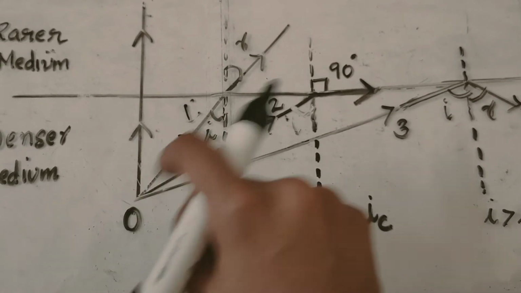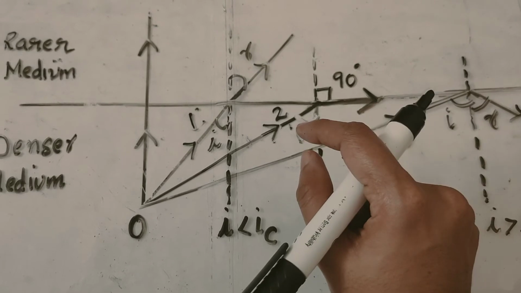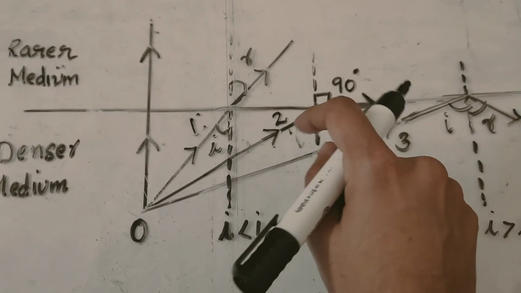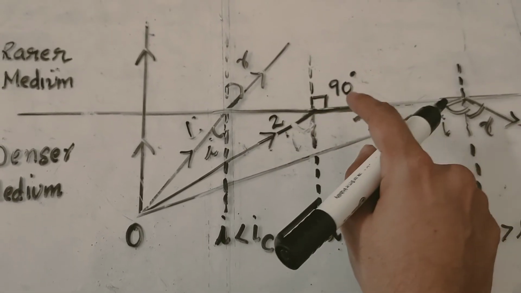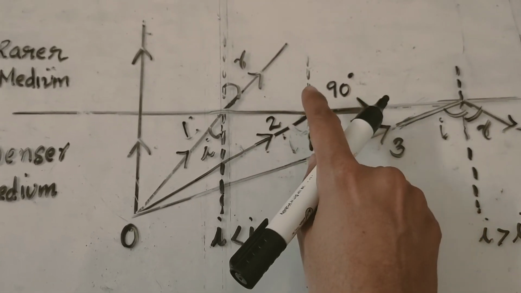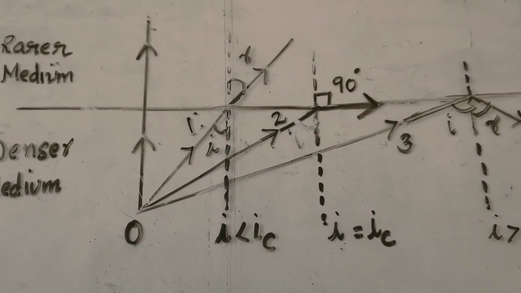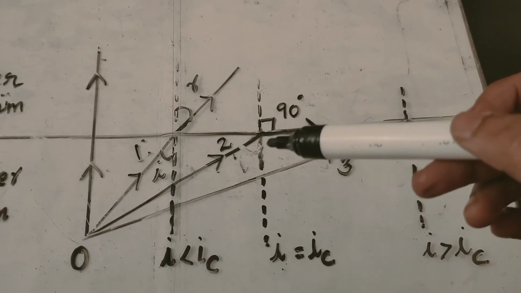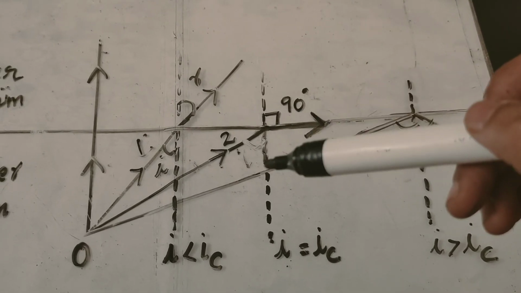Consider the second ray. For a particular angle of incidence, the refracted ray just goes along the surface of separation, and during this time the angle of refraction will be 90 degrees. This angle of incidence is known as the critical angle.